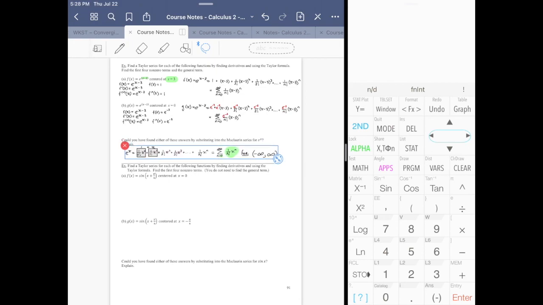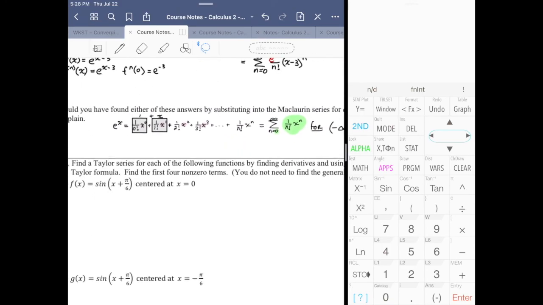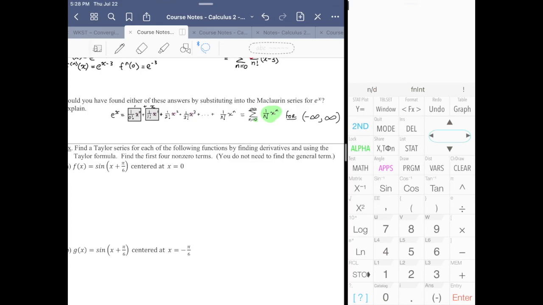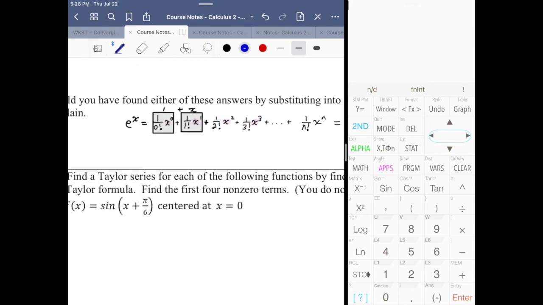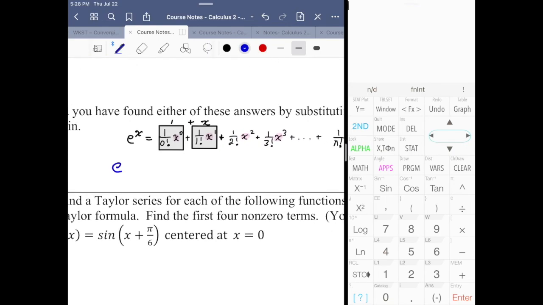The only trouble you'll ever run into here is based on the value that it's centered around. If I'm centered around 0, which makes it Maclaurin, then I'm going to get a derivative other than 1. If I'm centered around something that makes my derivative equal to 1, then I'm in better shape.